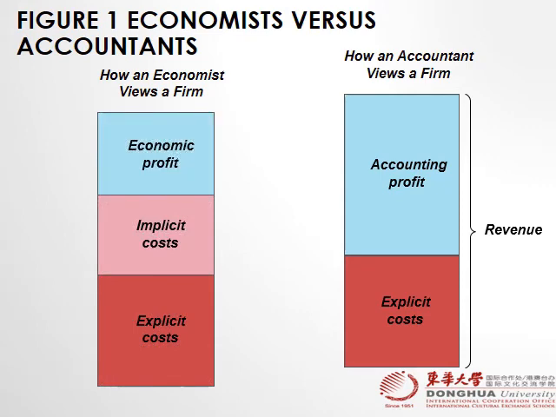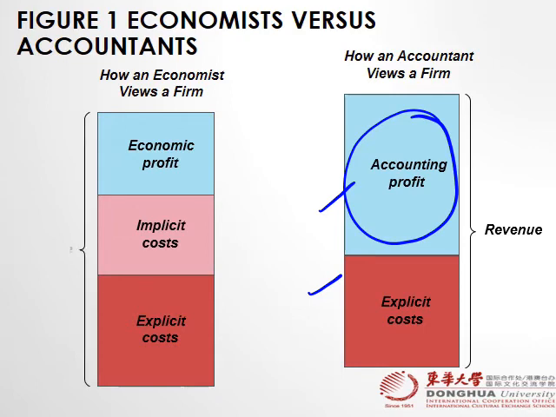Here we go. The accountant view: revenue minus explicit cost, and we get the profit. So in accountant view, this is the profit, but in the economist view it is different, because the economist also subtracts what we call implicit cost, right?